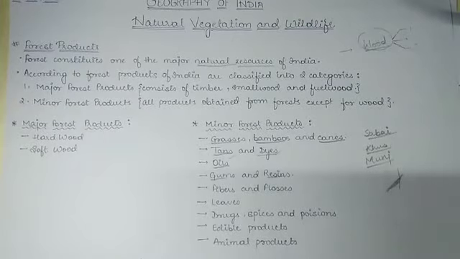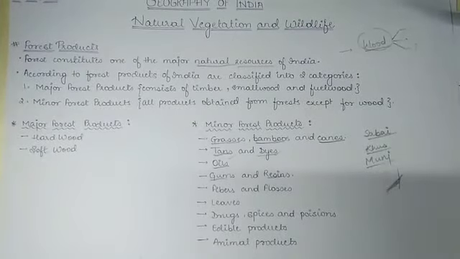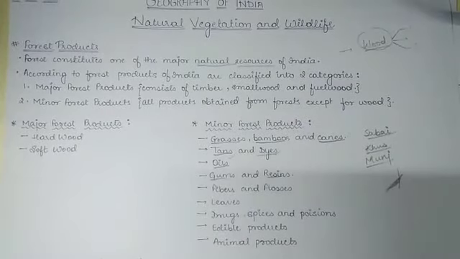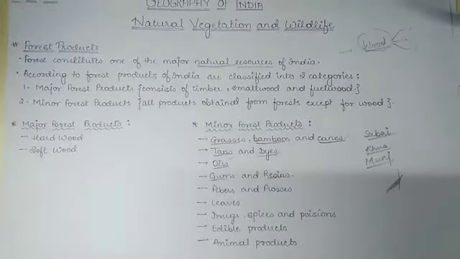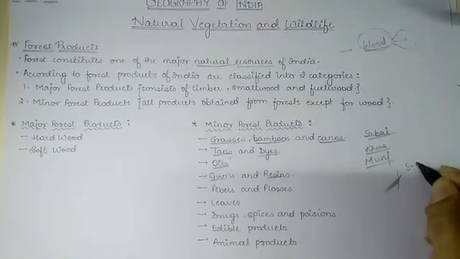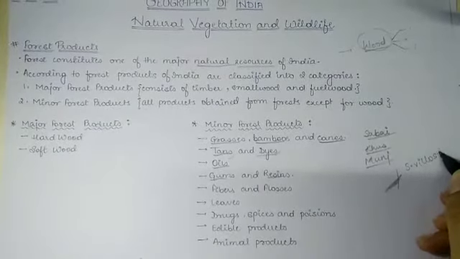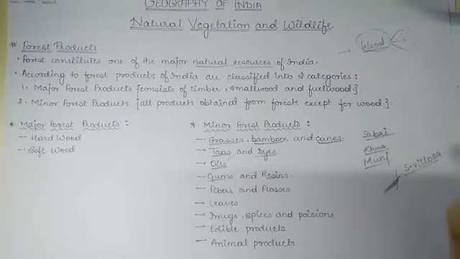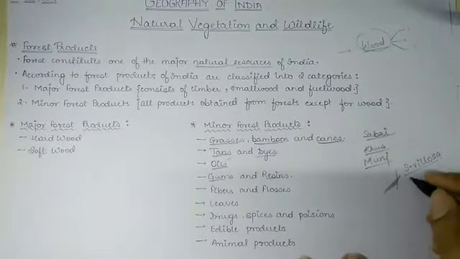Karaya is obtained from trees of dry deciduous forest. The trees are Sterculia villosa. So these trees excrete karaya.